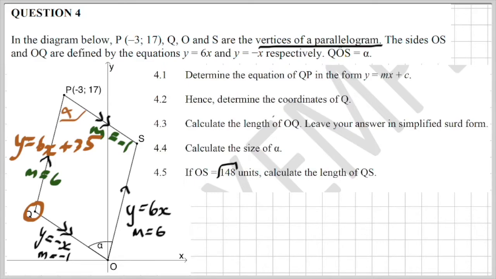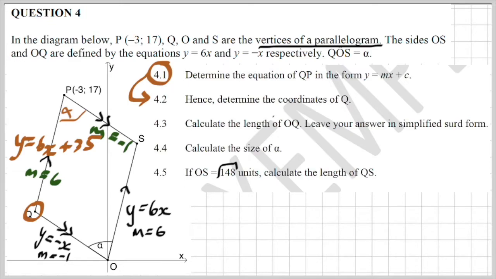Here's a very, very crucial bit of information for you to remember. If I calculated something in 4.1, there's a very big chance I'm going to need it in 4.2. Remember that, especially in paper 2.